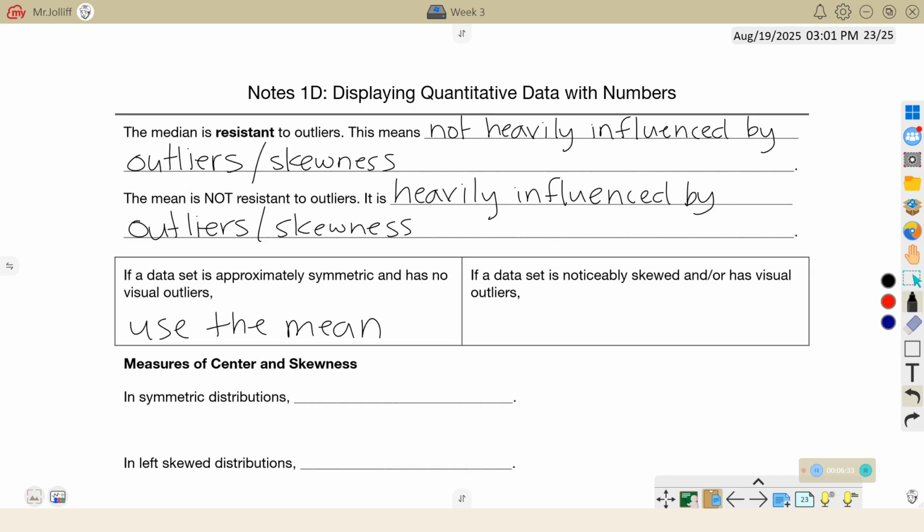If, when I do SOCS and I do my shape and my outliers, my graph is heavily skewed, my peak is way, way off to the left, with a really long tail to the right, or I have noticeable visual outliers, most of my data is here and I've got one blip way, way out here by itself, in those cases, I should use the median.